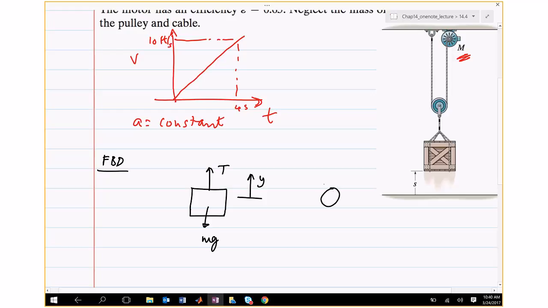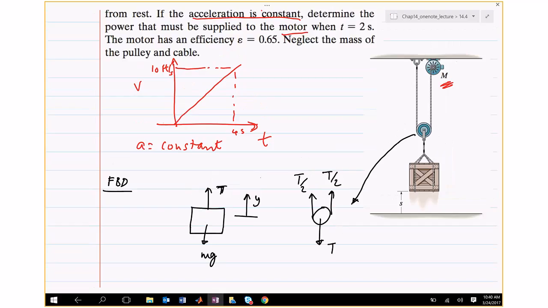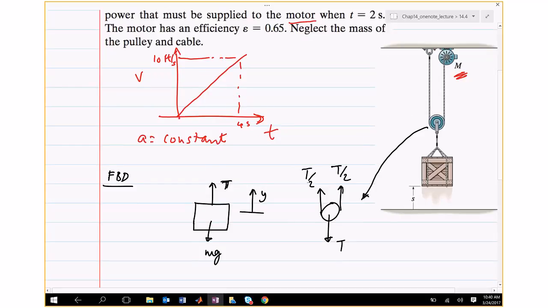Then there is this pulley, so this tension should be the same as that tension because this is a free body diagram of that pulley, and so this is going to be T divided by 2, T divided by 2. Okay, well, actually, I was thinking maybe it's better to define T as T here and then 2T, but this is fine. It doesn't matter.